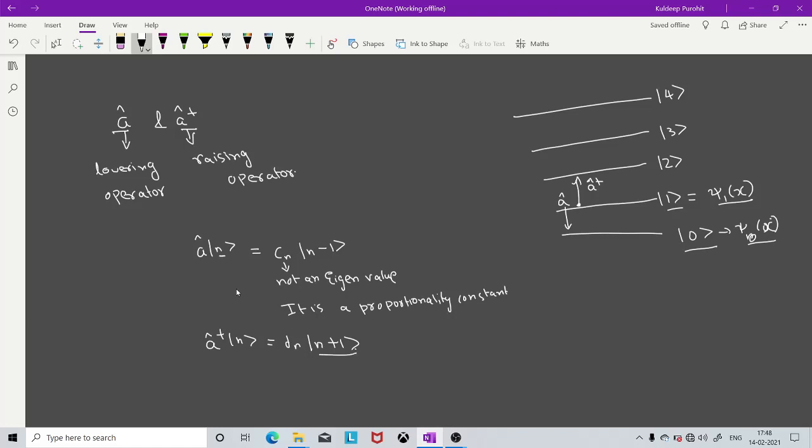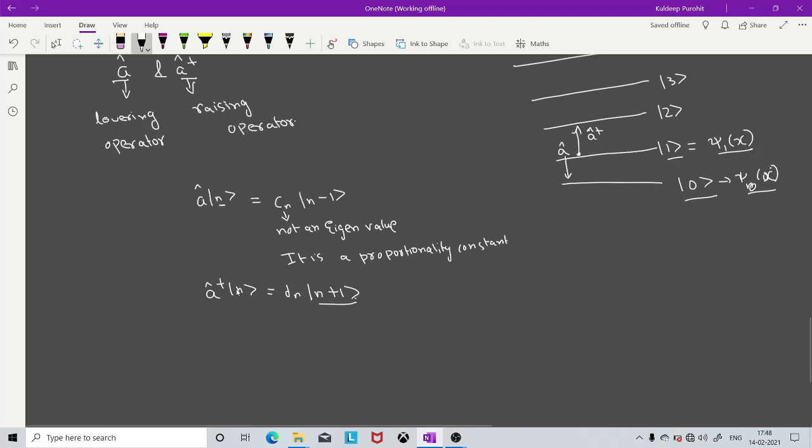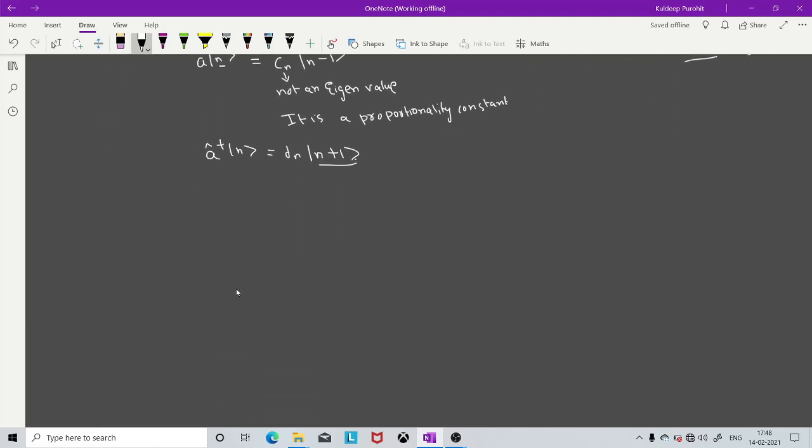Now we will find what the proportionality constants Cn and Dn are. We define the states like this: when a operates on a state n, I will get a proportionality constant times n minus 1. Don't confuse this with an eigenvalue equation. This is not an eigenvalue equation.